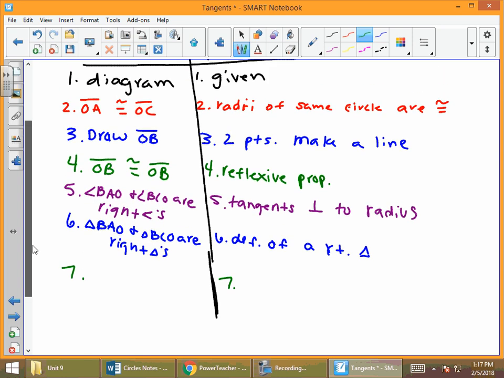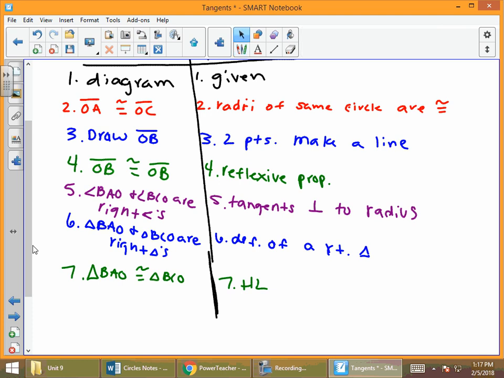So we can state that. Now we can say that triangle BAO is congruent to triangle BCO by hypotenuse leg. And now that we know that the triangles are congruent, we can state that their parts are congruent, which is what we're trying to prove.